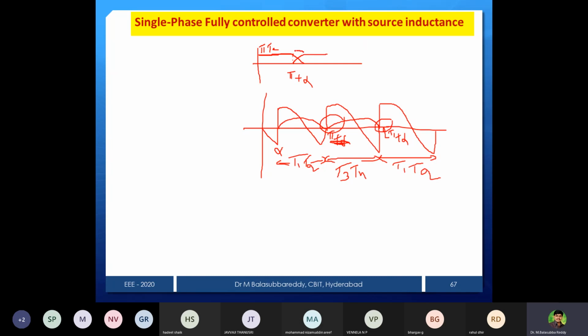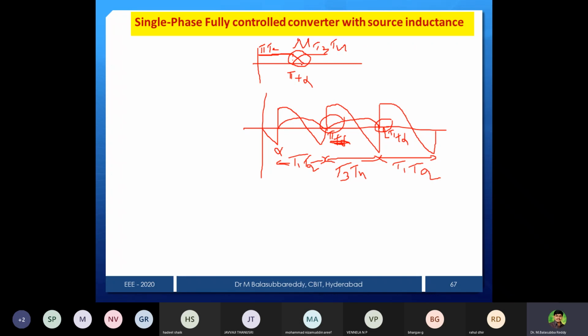So what is this instant? We can notice that here T3, T4 fire, but there is an interval in between T1, T2 and T3, T4. That interval we call mu, or the overlap angle.